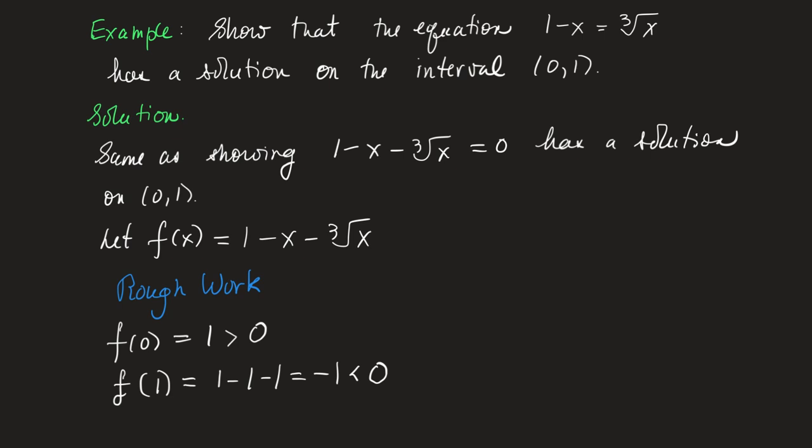And what the IVT tells me is because the function is continuous, it then has to cross that x-axis, giving me that value 0, okay? So now I should write up a proper solution. So this is my rough work over here, and let's write up a nice solution.